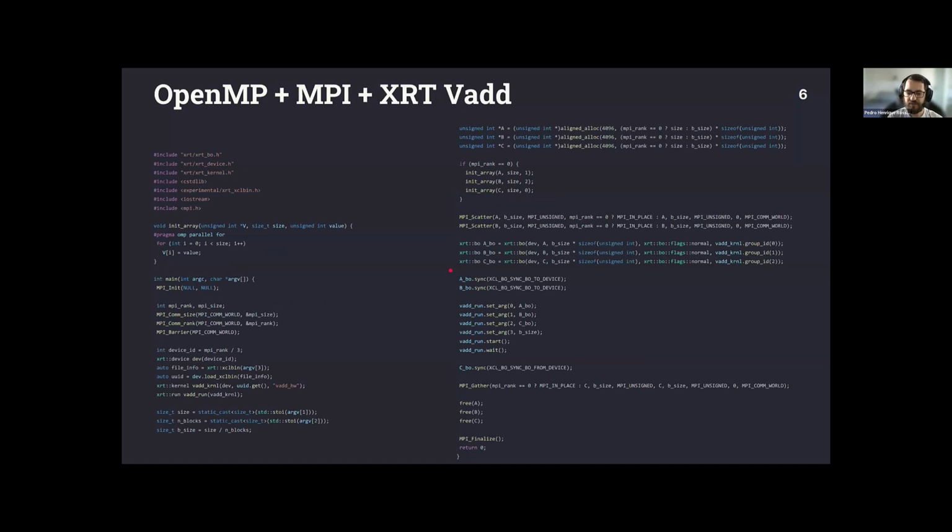And this is the OpenMP plus MPI plus XRT version, which means going from the CPU version to something that is distributed using MPI, and something that is FPGA accelerated using the FPGAs here. So this is basically how that code turned into something distributed using FPGAs.